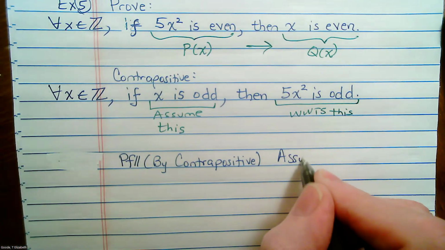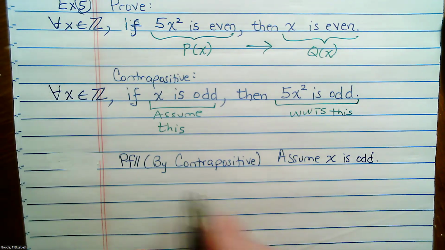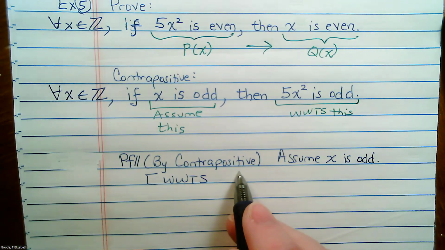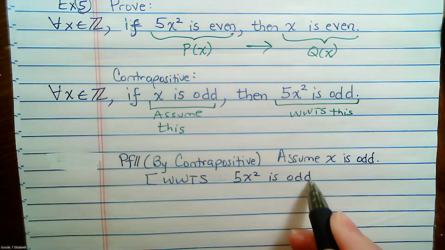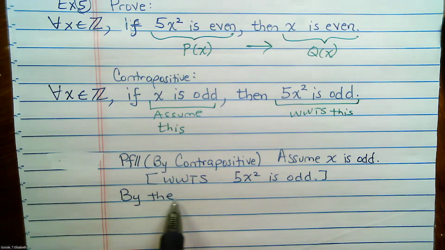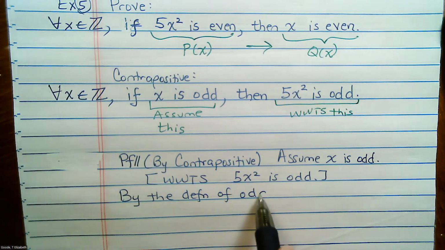So we're going to assume x is odd. And what do we wish to show? 5x squared is odd. So now we use the definition of odd. We learned about even and odd before we learned about the QR theorem.